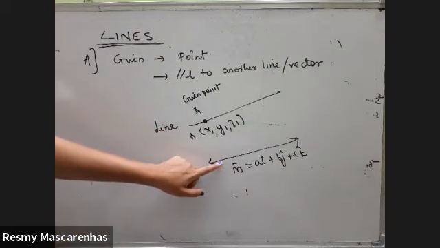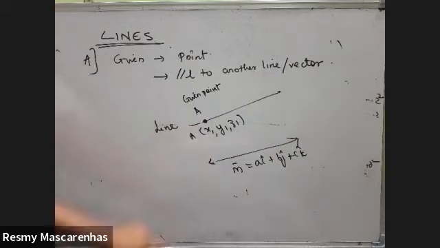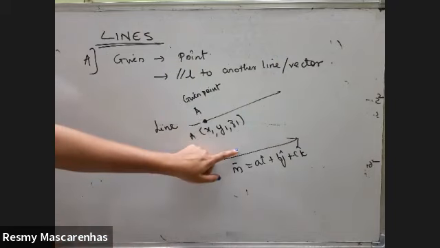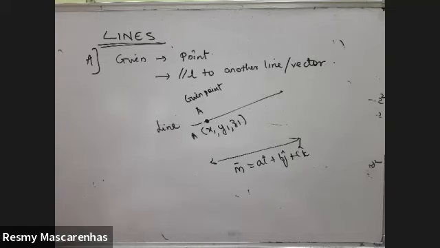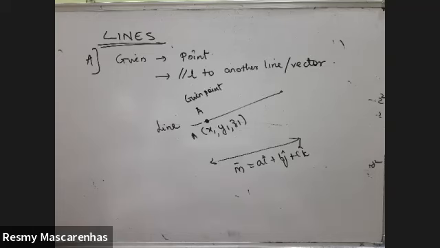Can anyone tell me the direction ratios of this particular vector or line which it is parallel to? What are the direction ratios of this line? Someone was telling something, I could not hear.